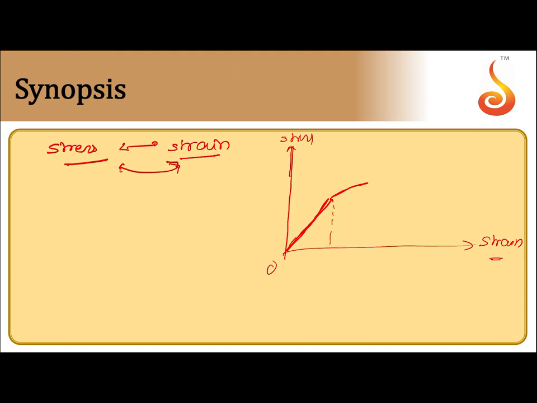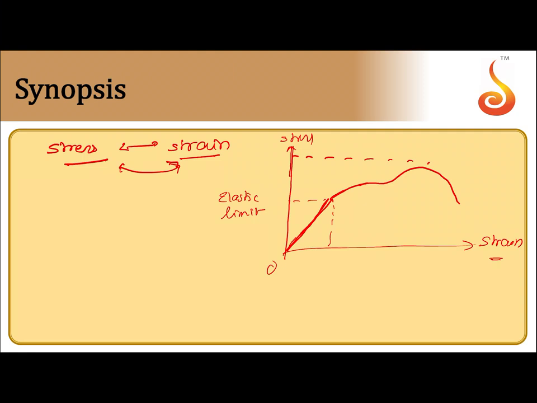The limit up to which these two are directly proportional to each other is called the elastic limit. This is known as elastic limit. Now, beyond that, the stress strain graph is somewhat like this.